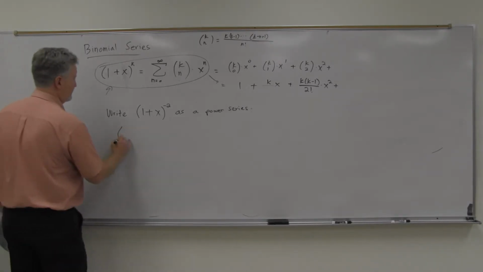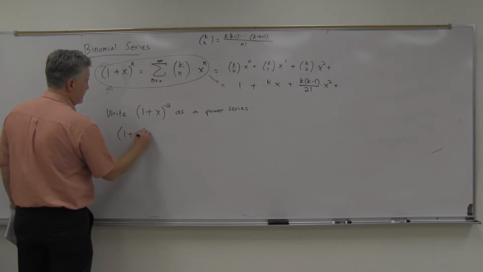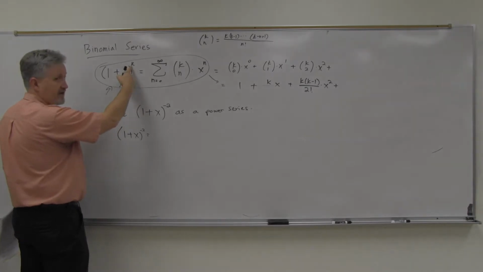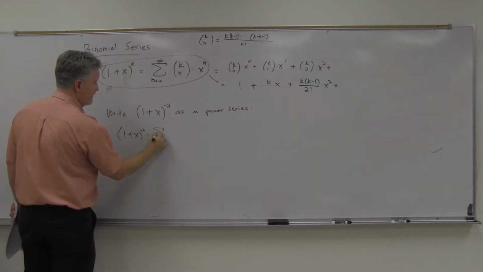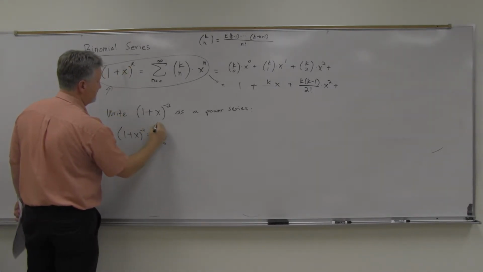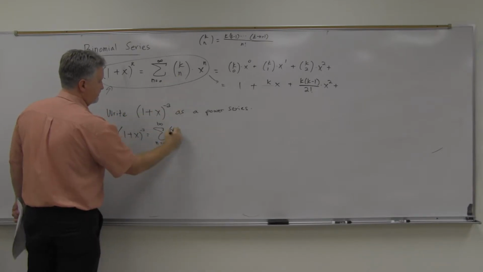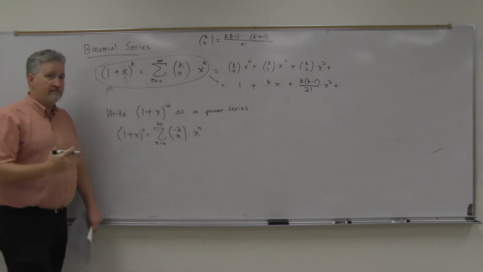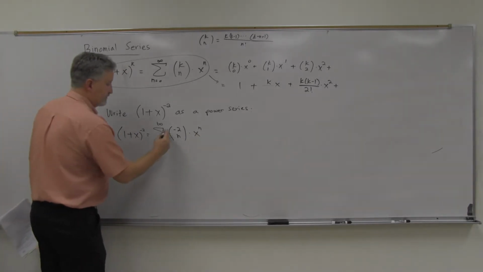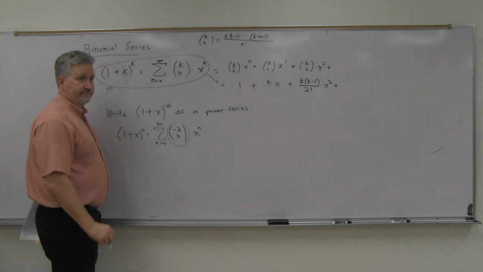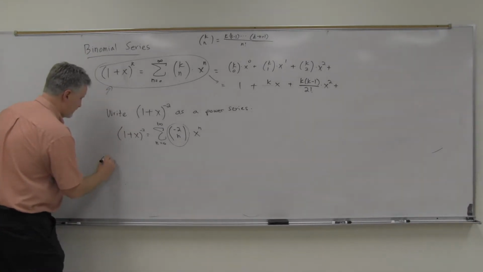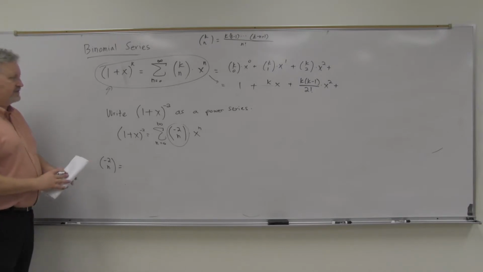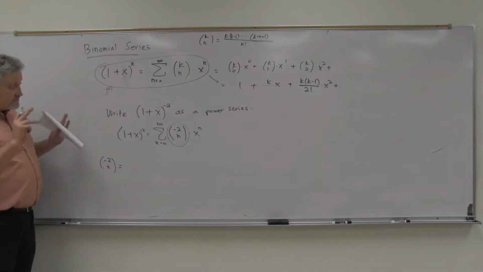We've got 1 plus x to the negative 2, a perfect match for the formula, except k is negative 2, so I would turn that into the sum from n equals 0 to infinity. The k is negative 2, so I do negative 2 choose n, x to the n. But what we have in mind here is, what does that give you? And so let's write this out and see how we can simplify it, if you will.